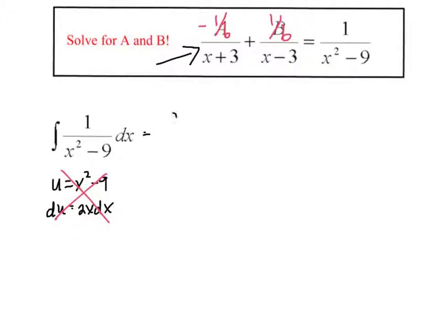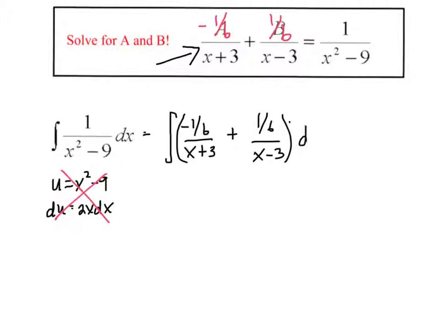I could rewrite this integral as negative 1/6 over x plus 3 plus positive 1/6 over x minus 3, like that. Because I found on the previous slide that those two fractions added together are equivalent to 1 over x squared minus 9.